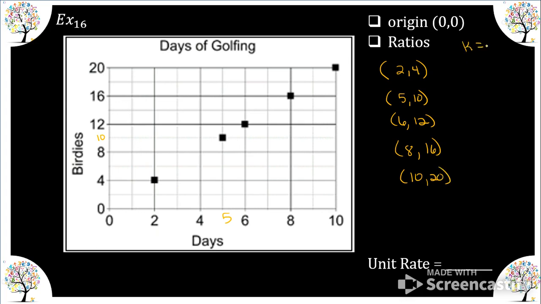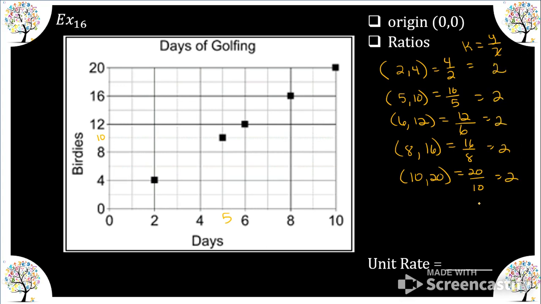So let's check the ratios. 4 over 2, 10 over 5, 12 over 6, 16 over 8, and 20 over 10. Is there a constant of proportionality? Yes. So we have 2 birdies per day.